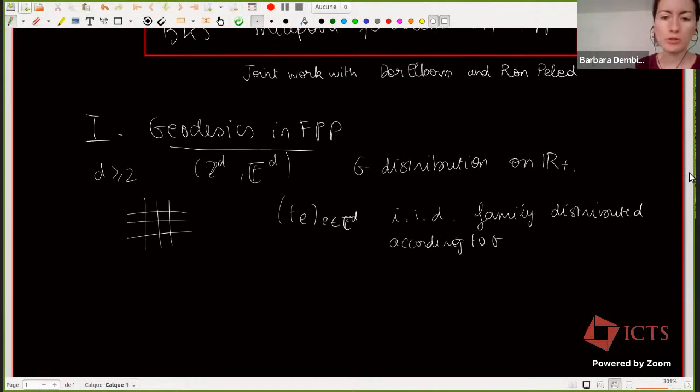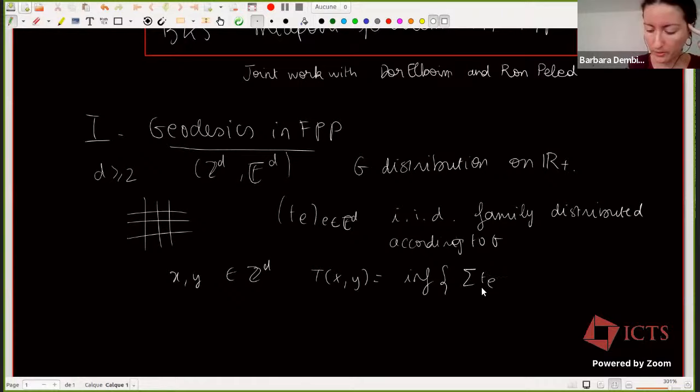And so we can introduce a pseudo metric on the lattice and say that for all x, y in Z^d, the time between x and y, T(x,y), is just the infimum over all paths gamma that join x to y of the time of the path, the sum over edges e in gamma.